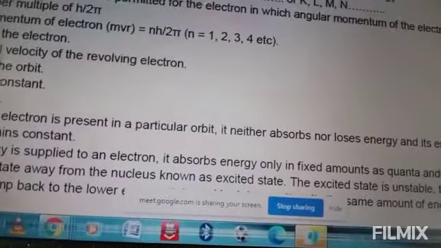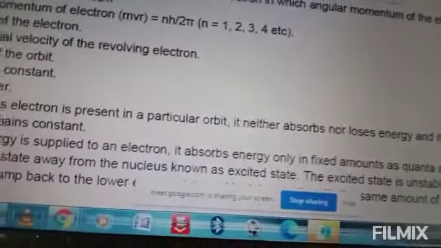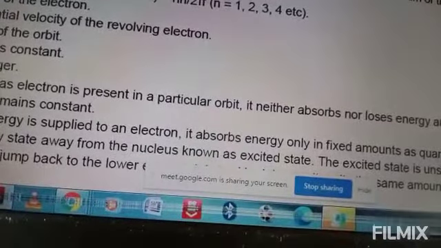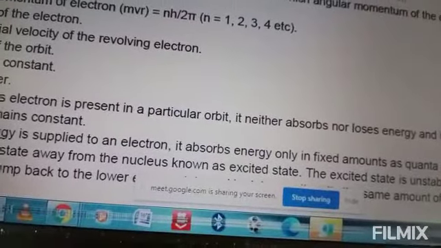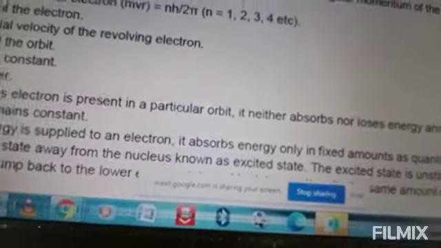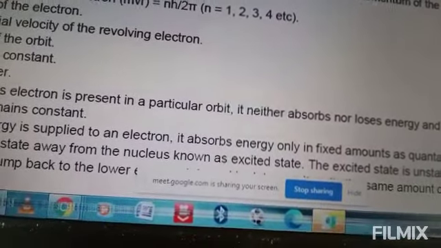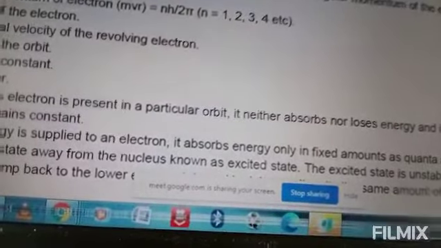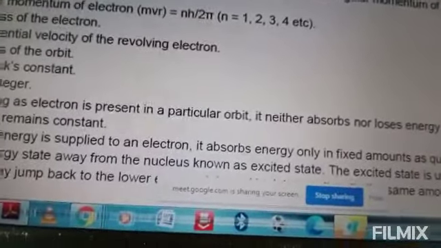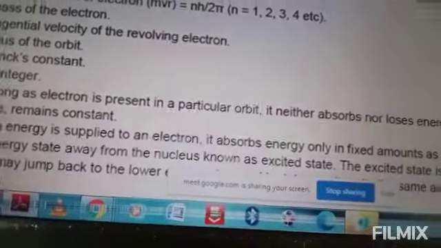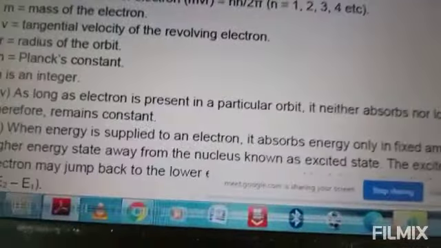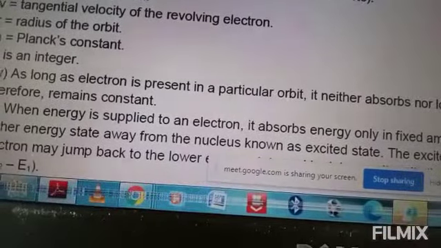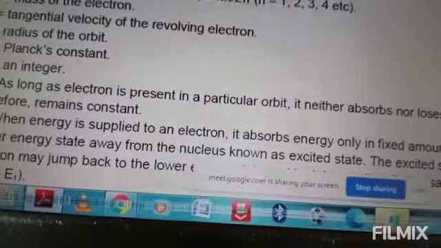When the electron is attracted by the nucleus and is present in the orbit n, energy is emitted and its energy is lower. So when the electron is near the nucleus, it possesses lower energy and thereby becomes stable. So recall this point.